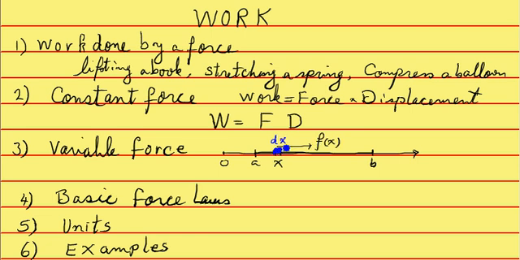So f of x multiplied by dx, and then we look at all these tiny displacements, and in each one we calculate the work done. We say work is equal to the amount of force times the small measure of displacement dx, and then we have to add them all up.